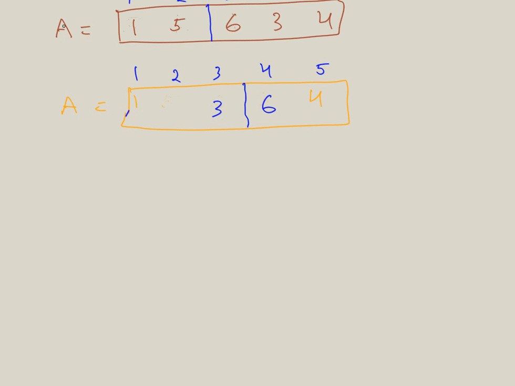So 3 goes here, and 5 takes over in this place. Then we have one value left to compare. Is 3 less than 1? No, it's not. So we stop here. So the new array, just to keep this going, is 1, 3, 5, 6, and 4.